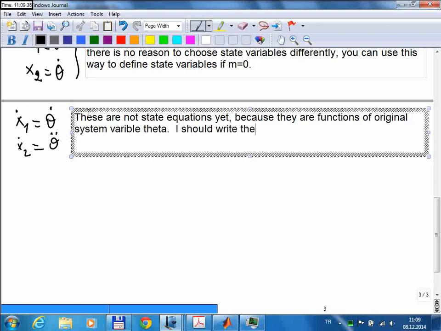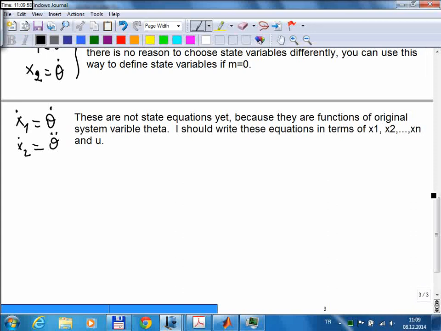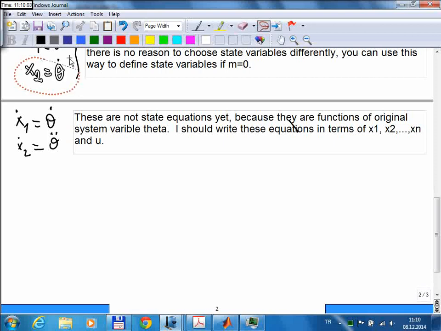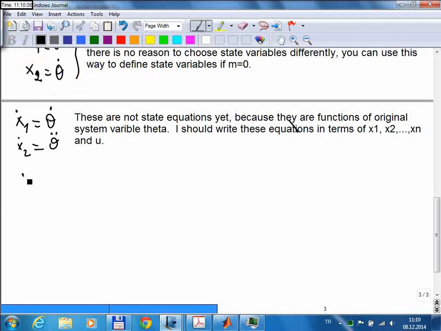I should write these equations in terms of xn and u. Okay, so the first equation is easy because theta dot is equal to x2, so I can write it in terms of state variables very easily as x1 dot is equal to x2. So this is my first state equation.